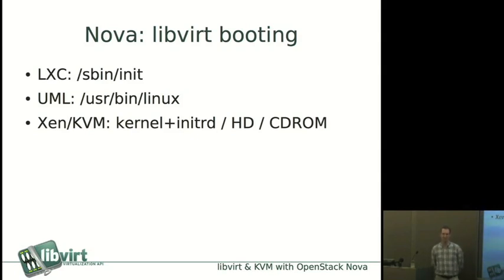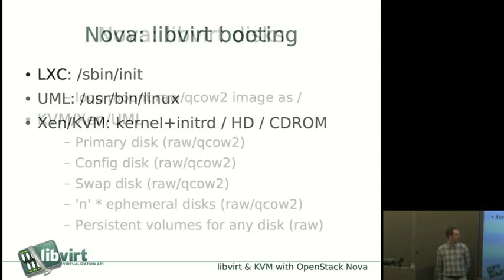If you're using Xen, QEMU, or KVM, then you've got a choice of methods to boot. You can either provide a kernel and an initrd, and it will boot those directly, or it can boot the disk images as if it was a hard disk. That will do a regular BIOS boot using grub, or it can just boot it as an ISO image.